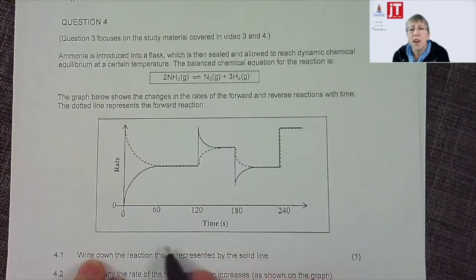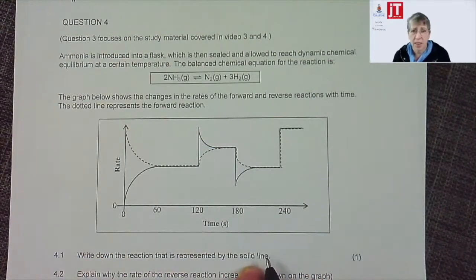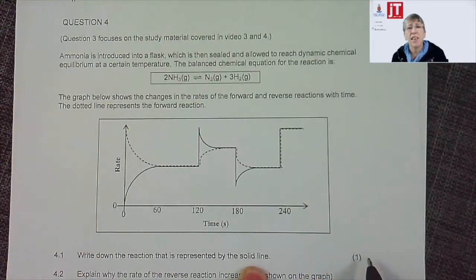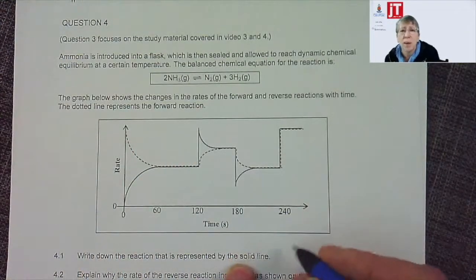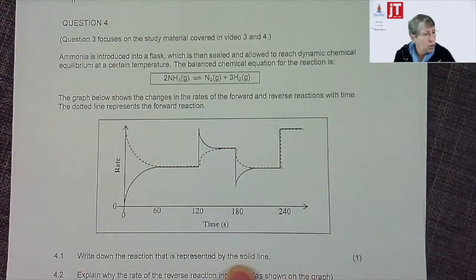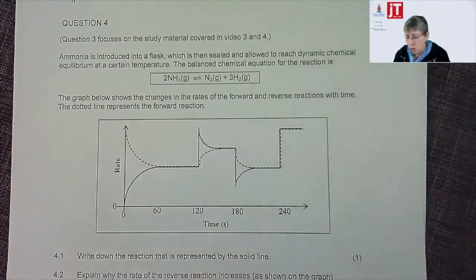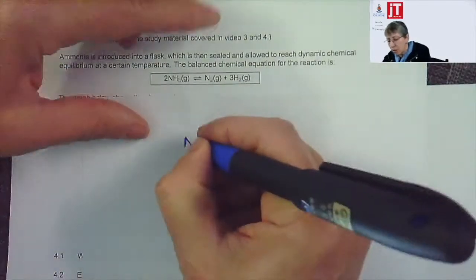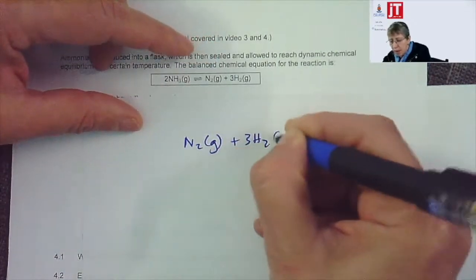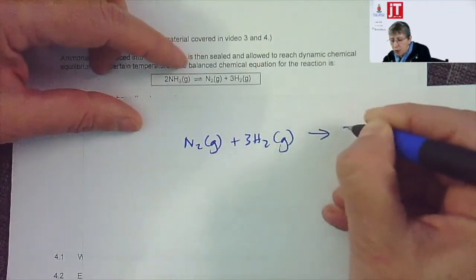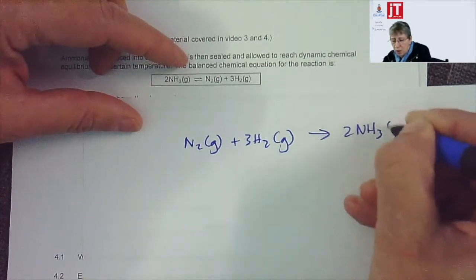First question, write down the reaction that is represented by the solid line. Now this is the easy one. They already told us the dotted line is forward, so we are talking about reverse. Right, so what do I have to write and what can I do wrong here? You have to say N2 plus 3H2 gas is going to give you 2NH3 gas.